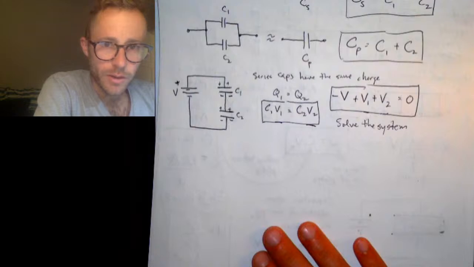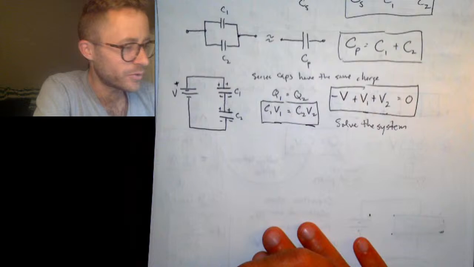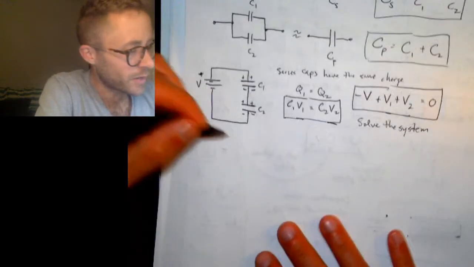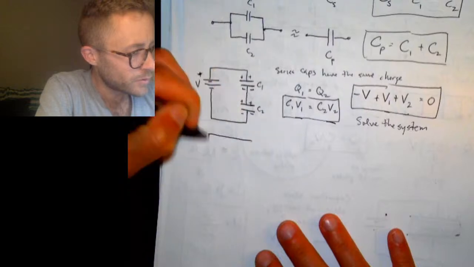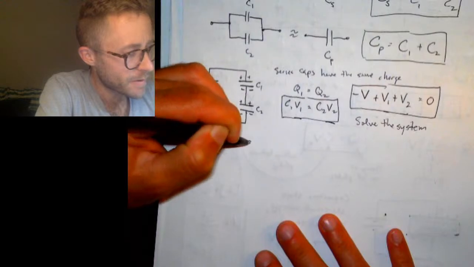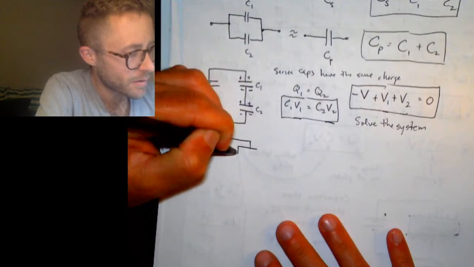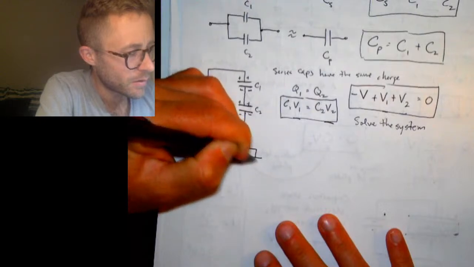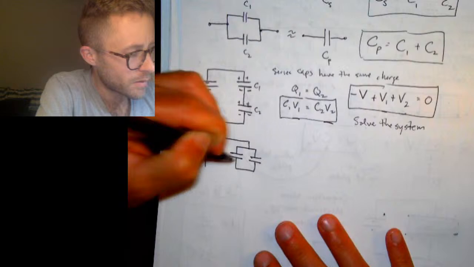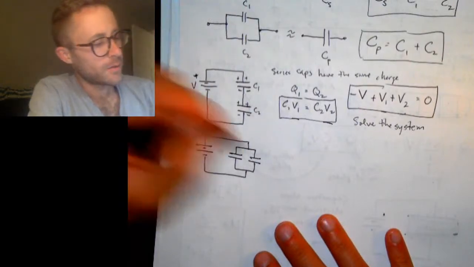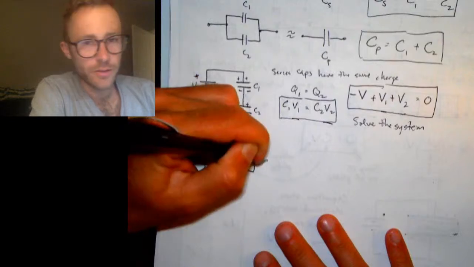We could do the same thing with capacitors in parallel. So if you had something like this, and then you have C1 and C2.